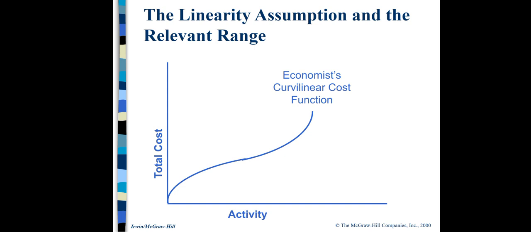The meaning of economics curvilinear cost function is an expense that increases at an inconsistent rate as activity volume increases. Jadi artinya menurut para ekonom, curvilinear cost function, biaya variabel itu akan meningkat namun tidak konsisten seiring dengan meningkatnya aktivitas.